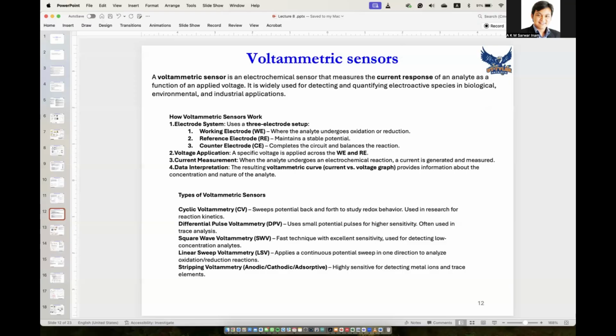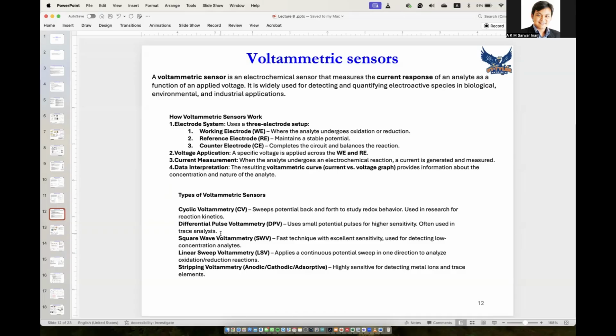There is another one called differential pulse voltammetry, which is an electrochemical technique. Here it applies a series of small voltage pulses superimposed on a linearly increasing base potential while measuring the current.